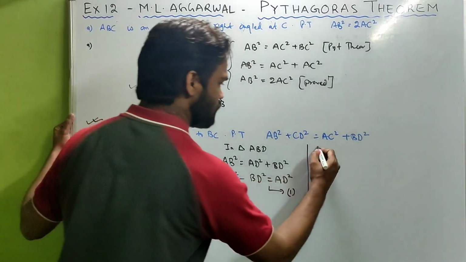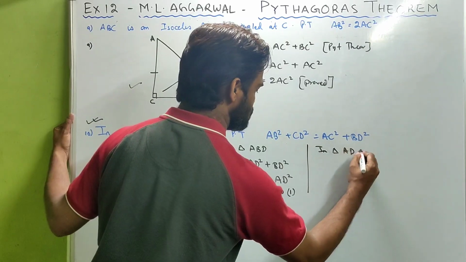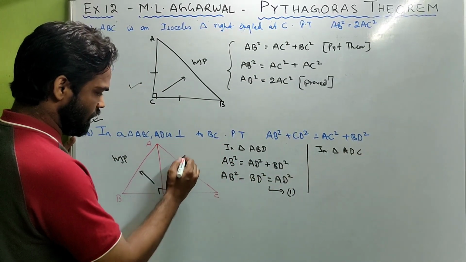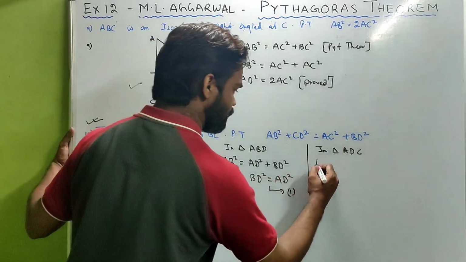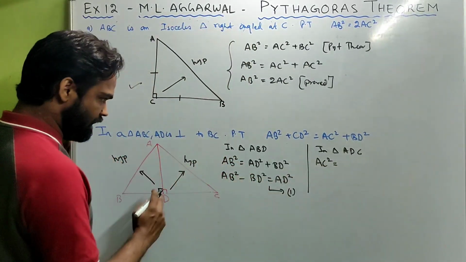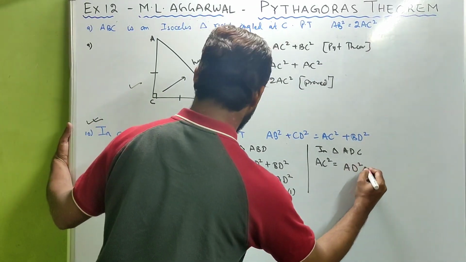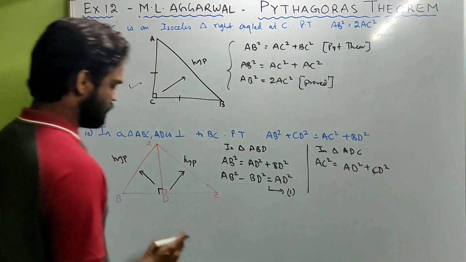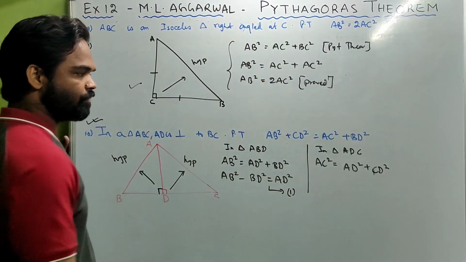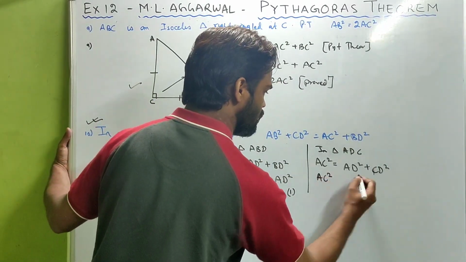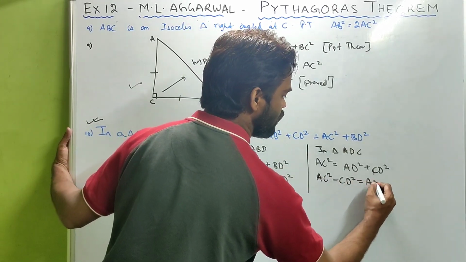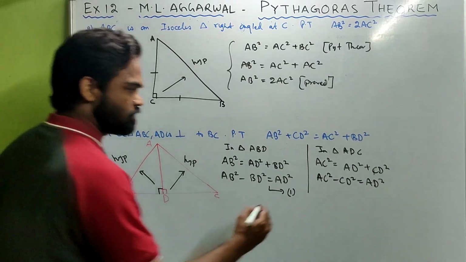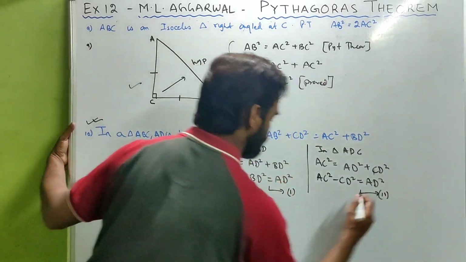Look at triangle ADC. In triangle ADC, AC square, this is the hypotenuse, isn't AC square equal to AD square plus CD square, which means AC square minus CD square is equal to AD square. I brought CD square on this side. This is number 2. Now look carefully.